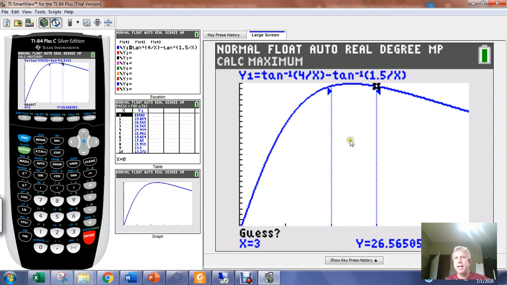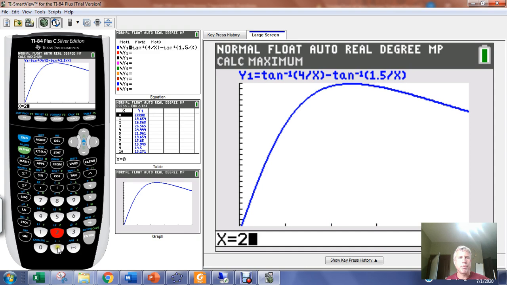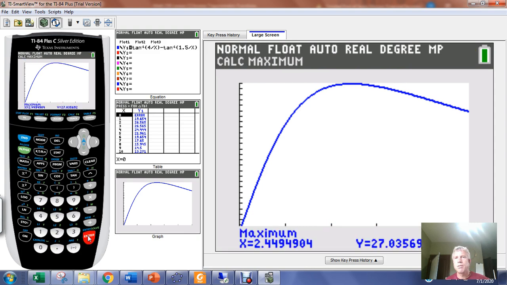Where do you think the maximum is? So between 2 and 3, 2.5 would probably be a good guess. And I'm going to hit enter. And so what we can see is that it's saying, hey, I'm going to get a maximum viewing angle of 27 degrees when I'm about 2.4 feet away from the painting that's hanging on the wall.